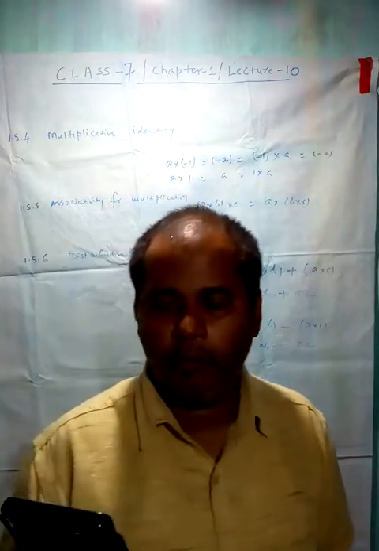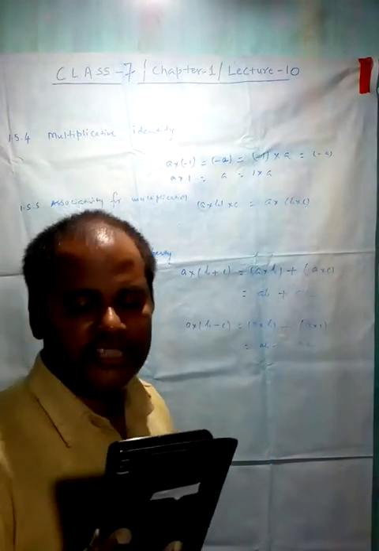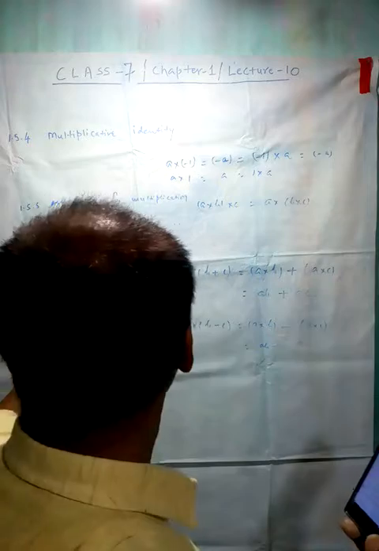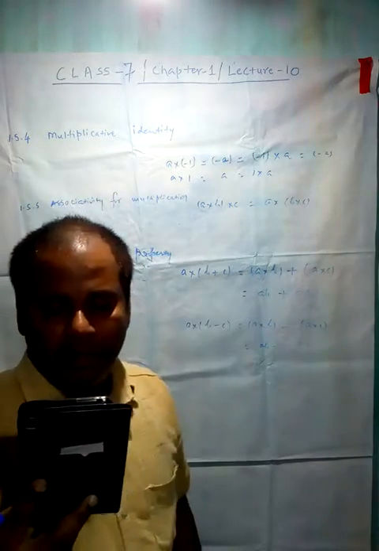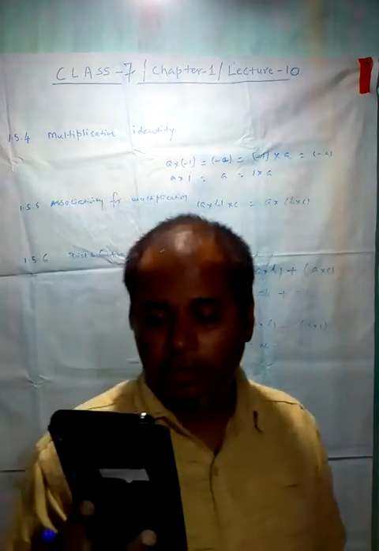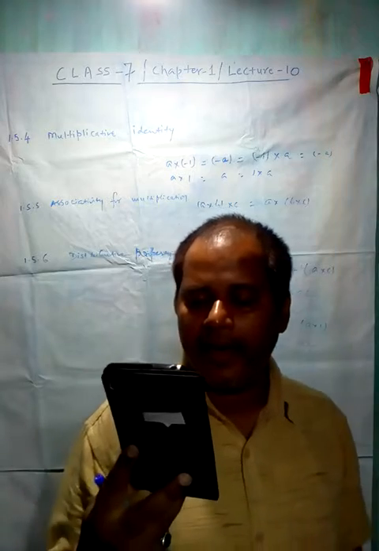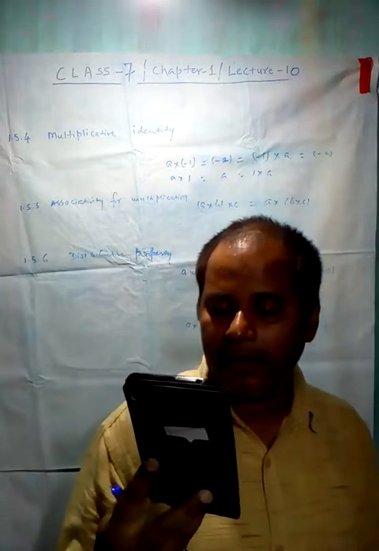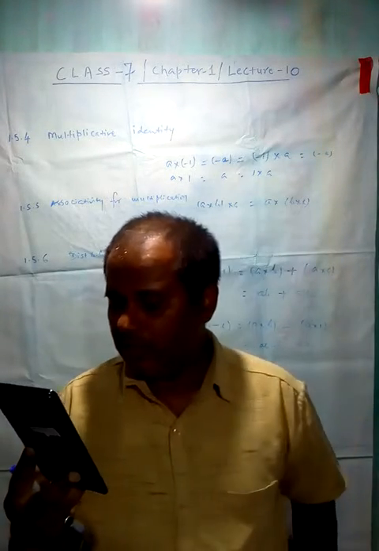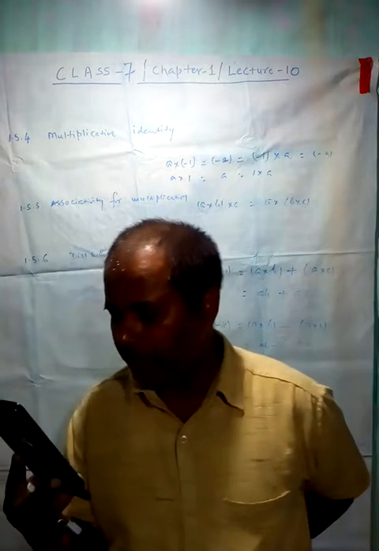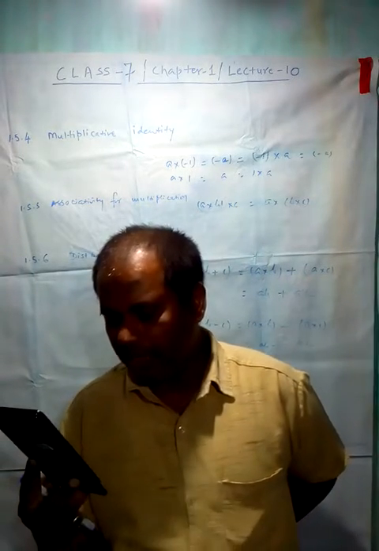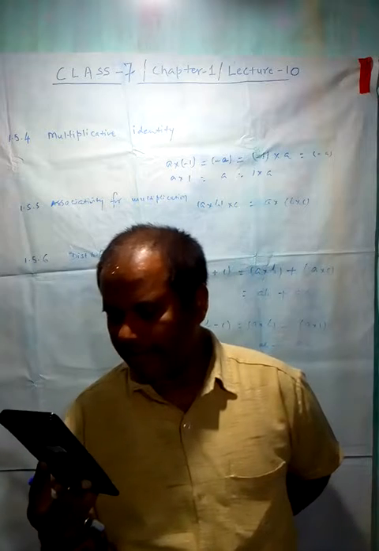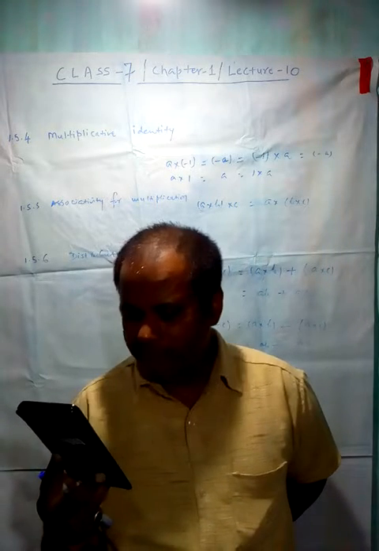Next point is 1.5.6, distributive property. We know 16 into the bracket 10 plus 2 is 16 into 10 plus 16 into 2, distributivity of multiplication over addition. Let us check if this is true for integers also. Observe the following.